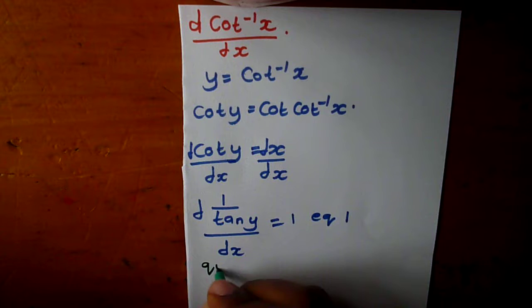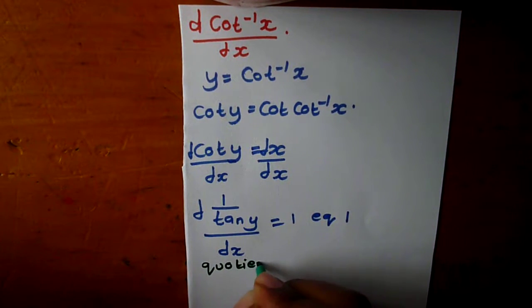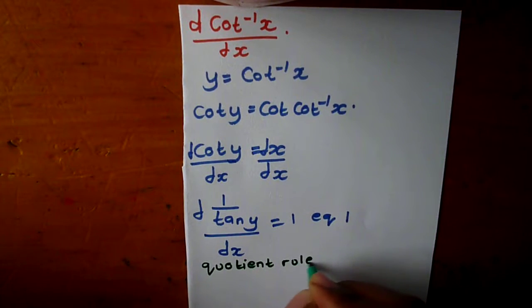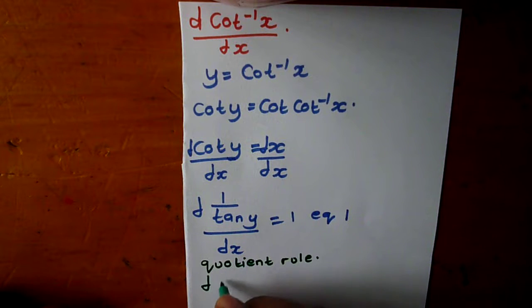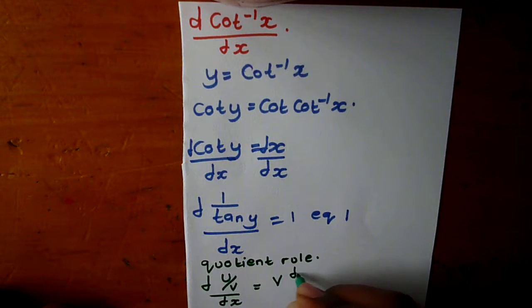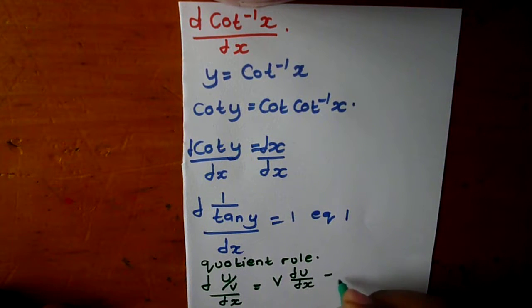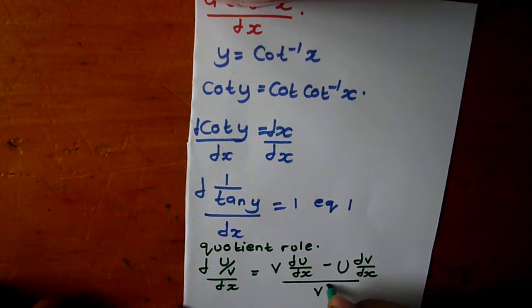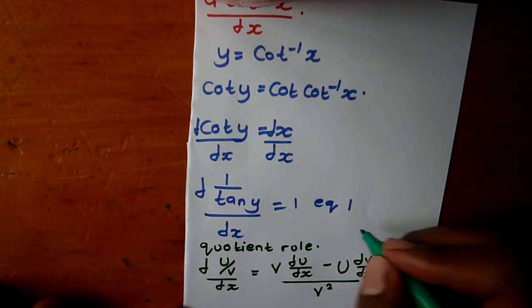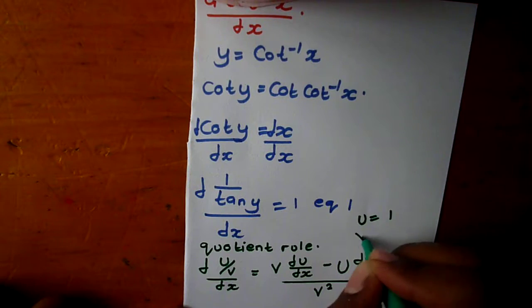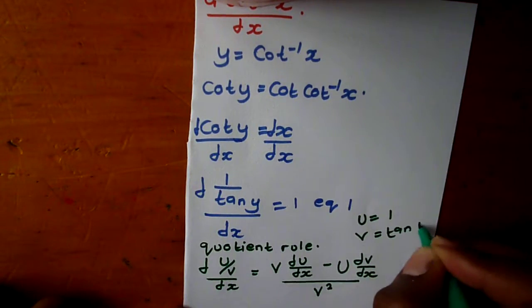The quotient rule states that the derivative of u over v with respect to x is v du over dx minus u dv over dx, all over v squared. In our case, our u is 1 and our v is tan y.